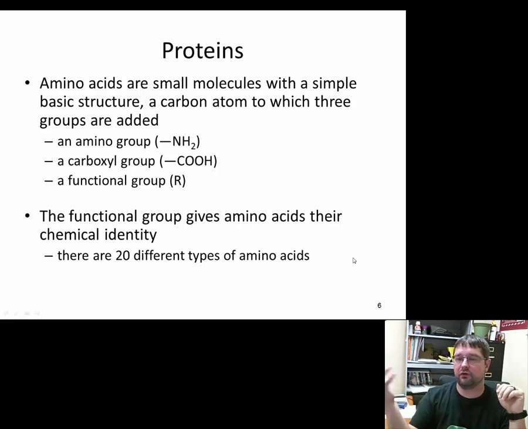So it suggests that these amino acids may have come here on asteroids or meteorites and smacked into the planet. That's how they might have got here to begin with, maybe. But we don't really know what it means, but we know that the amino acids occur off this planet. So the building blocks for proteins occur elsewhere. And that can be a fairly interesting piece, and we can talk about it more maybe in an evolution of the planet talk, or another class that you might take.